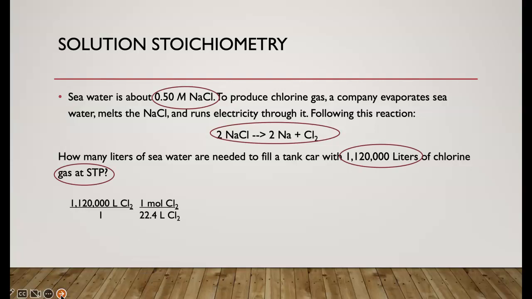You can then convert your volume to moles. And then looking at your balanced equation, 2 moles of NaCl equals 1 mole of Cl2. And figure out how many moles of NaCl you need.